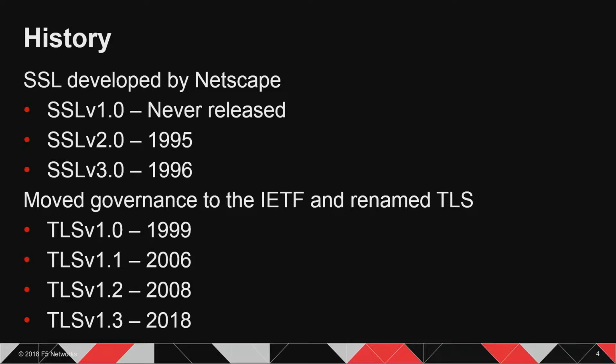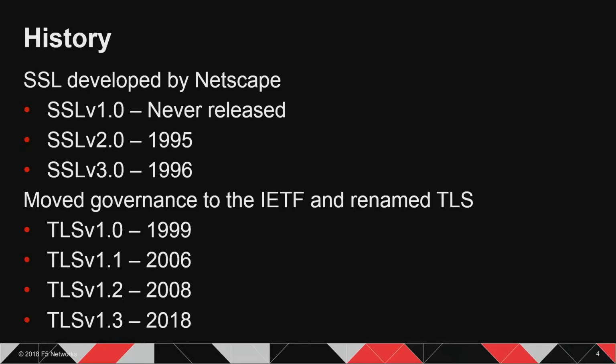SSLv3 very rapidly came out in 1996 because SSLv2 had some, let's say, fundamental flaws. There was a lot of feedback on SSL after it was released, and so very quickly that was patched up and SSLv3 came out. And that was kind of the basis for a while. SSLv3 got widespread. Other people other than Netscape started supporting SSL, Microsoft and IE, because back then that was basically the other browser.